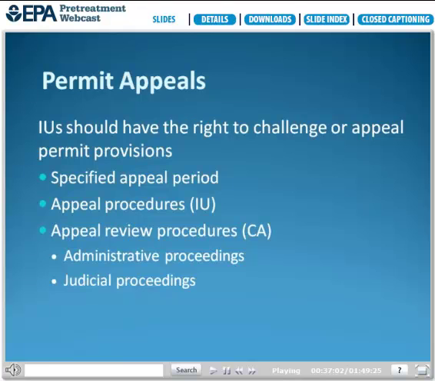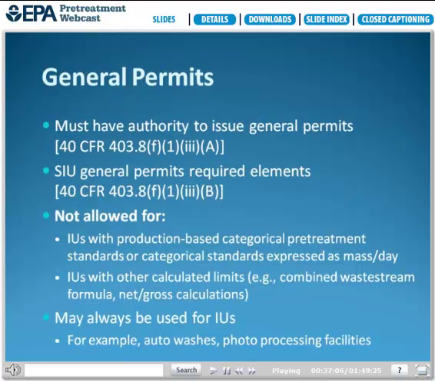As alluded to earlier, while the control authority is compiling its list of existing industrial users and their characteristics, it might discover that there are several industrial users that conduct the same processes and might be subject to the same standards and requirements. If so, the control authority might want to investigate the use of a general control mechanism or general permit.